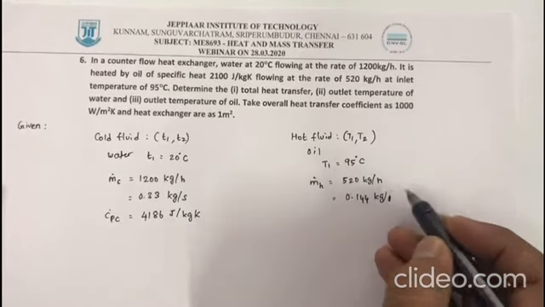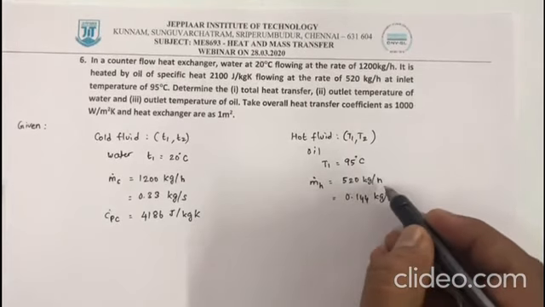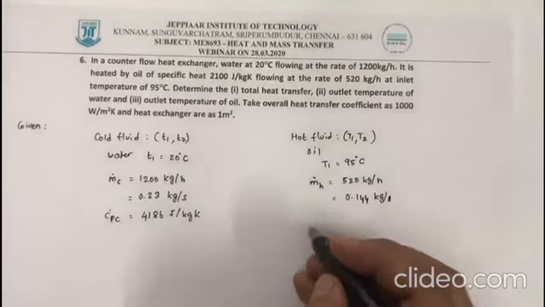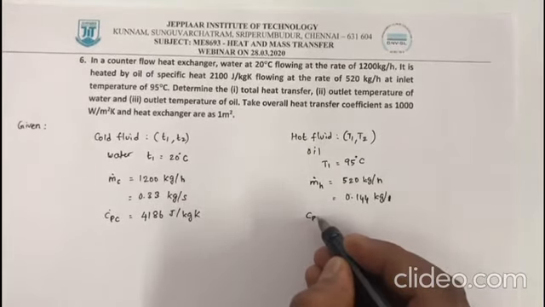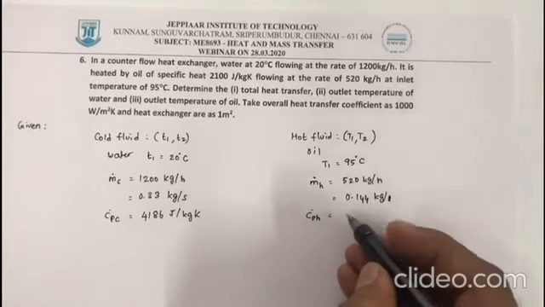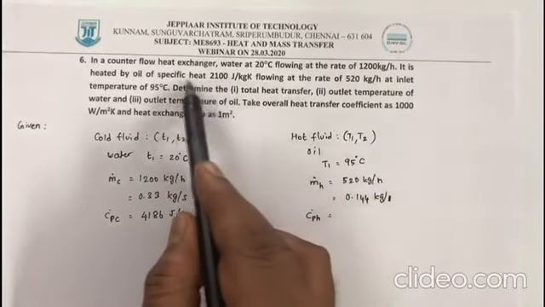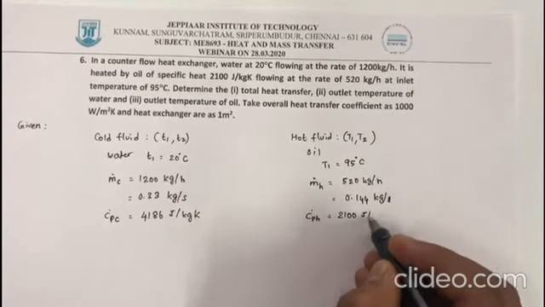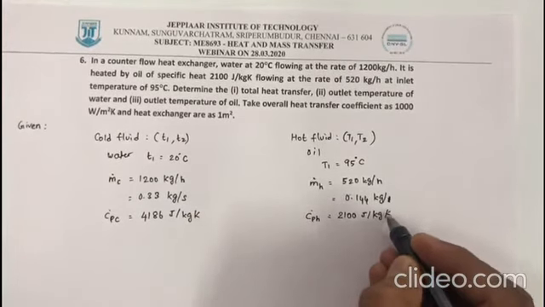So I think you know how to convert kg per hour to kg per second. You just have to divide it by 3600. So the specific heat capacity of hot fluid here in this case is given in the problem, which is 2100 for oil, joule per kg Kelvin.